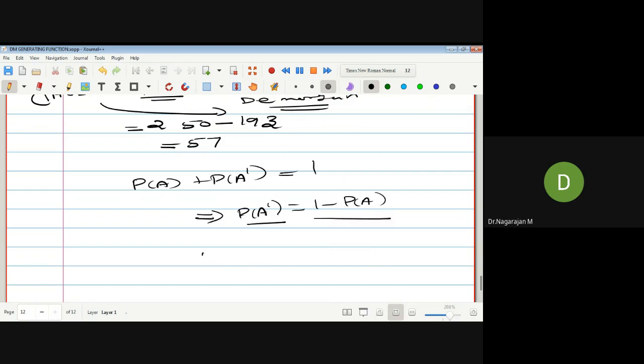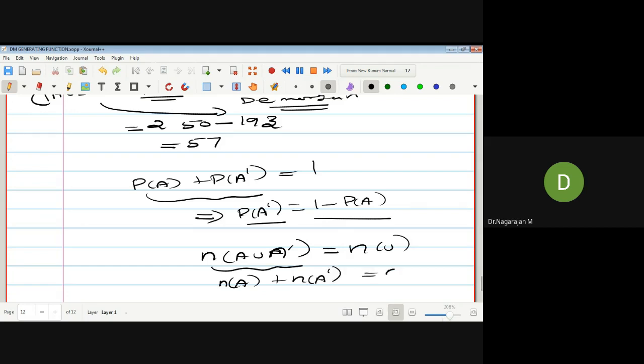Also another result: n of a union a dash equal to n of u. Using these two formulas is the same idea. This is a probability concept. This is a cardinality concept. Therefore, n of a plus n of a dash equal to n of u, which implies that n of a complement equal to n of u minus n of a.